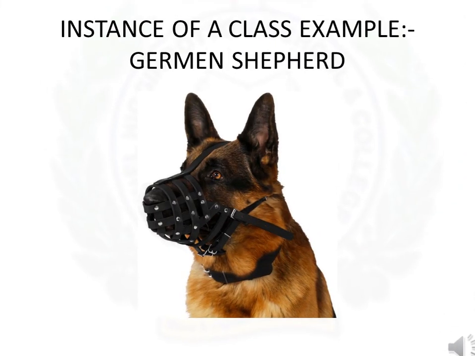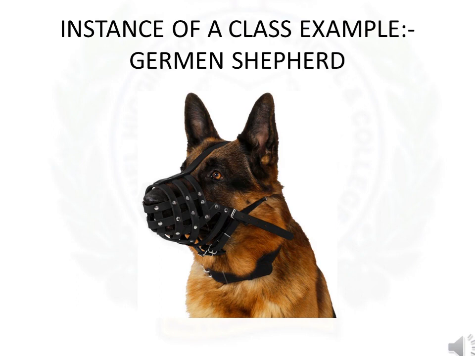Here we are going to see the example of instance of a class. See, one dog is here. It is German Shepherd. So this is an object under the class dog. Dog is a class consisting of many objects.